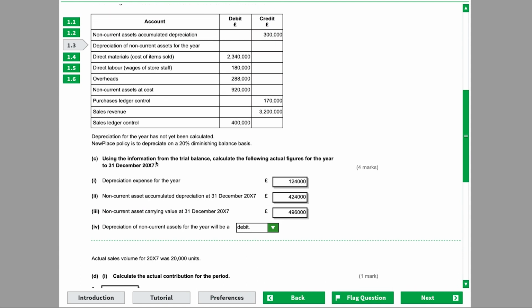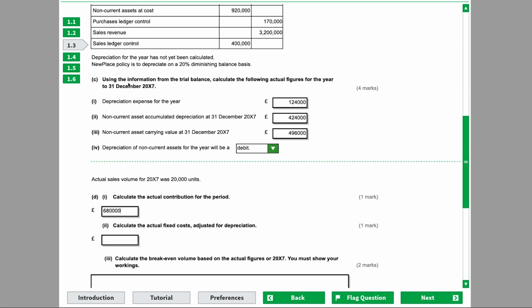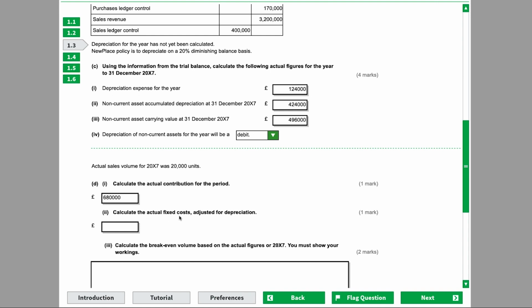So again, scrolling back up, and you'll see that we have the overheads figure. Now, the other important part within this question is that it says calculate the actual fixed costs adjusted for depreciation. So when we did part C, we worked out the depreciation expense for the year.